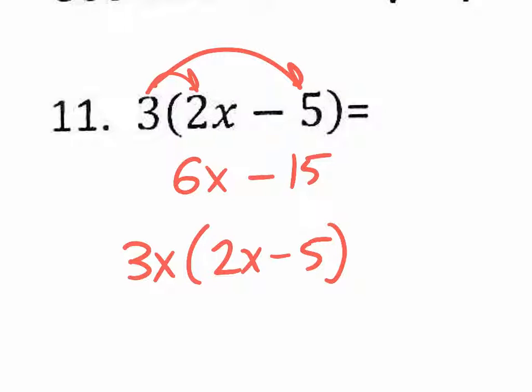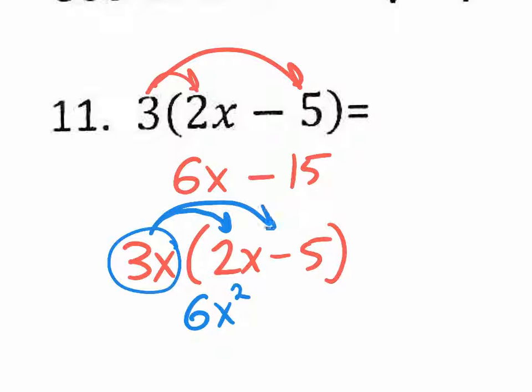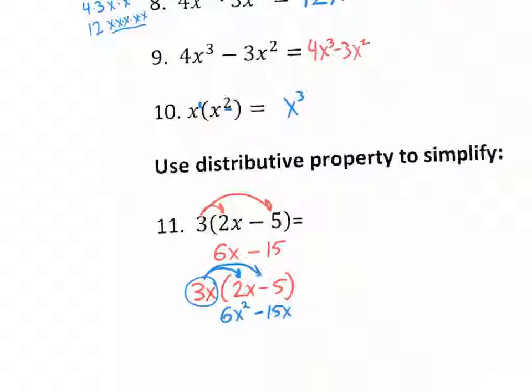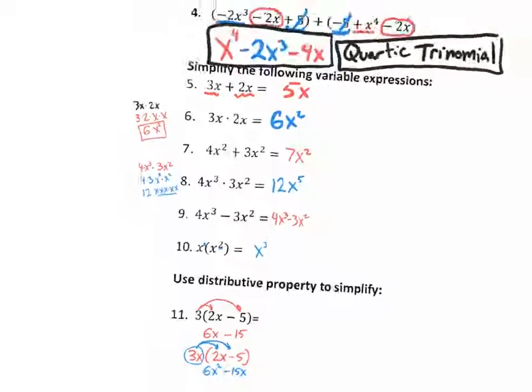So what happens then? If you have 3x, you do the same distribution. 3x times 2x, that's 6x squared. Exponents change when you multiply. And then when you distribute over there, minus 15x. And that's it, right? So that's what we're going to be doing today. And let's move on to today's homework.